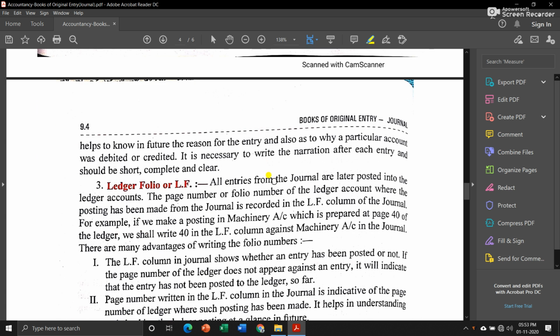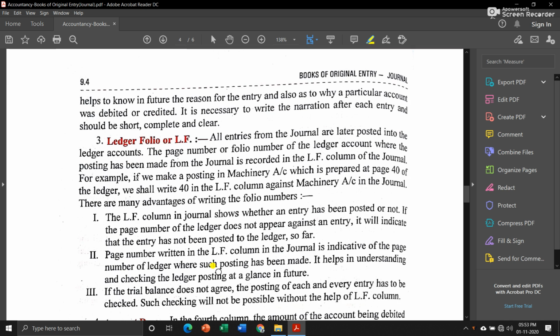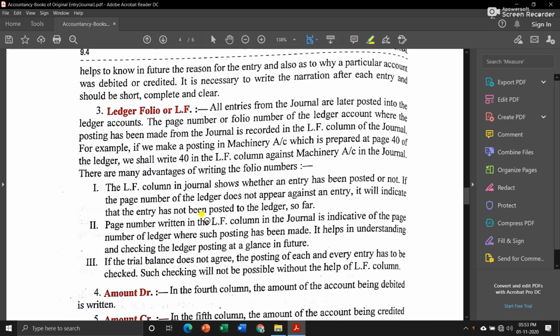Now there are advantages of writing that number in the journal. Let us see. The LF column in the journal shows whether an entry has been posted or not. We saw that we have to prepare the journal every day, but it is not required for us to prepare the ledger every day. We can just sit down on one day and do all the ledger postings from the journal.